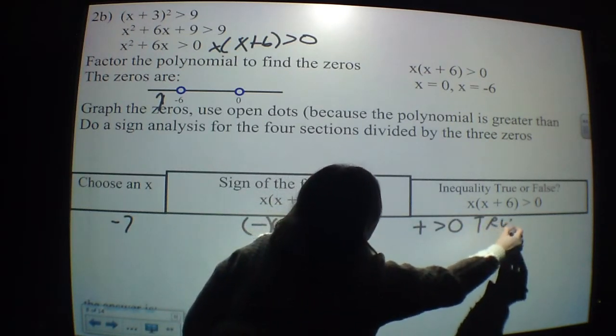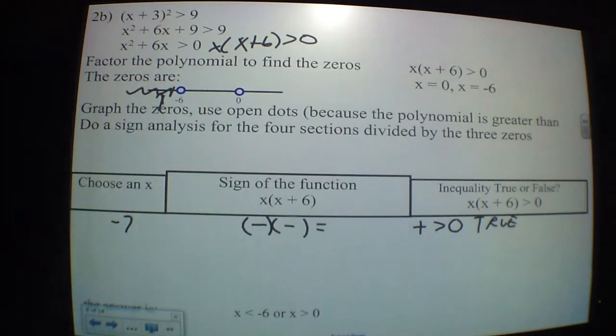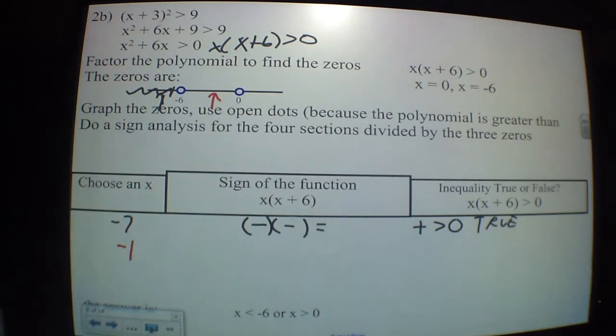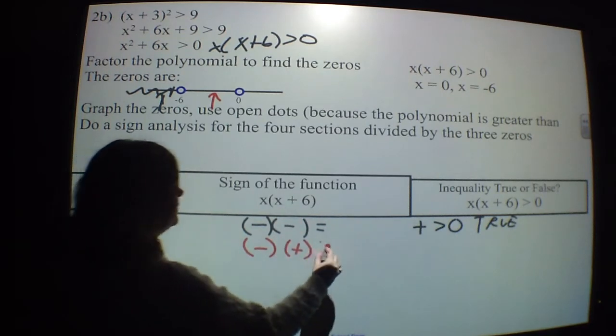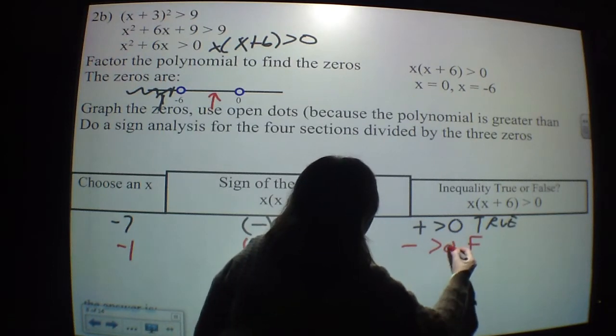That's true. Negative 1. You have a negative, positive, which is equal to negative. That's false.